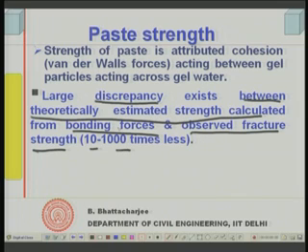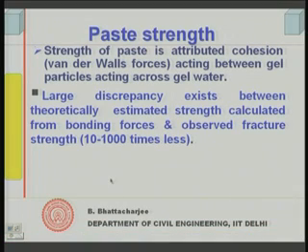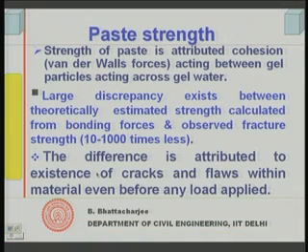Therefore, from bond forces you cannot calculate the tensile strength of the paste. So, something else is happening, and this reduction in strength is attributed to the existence of cracks and flaws within the material even before any load has been applied.